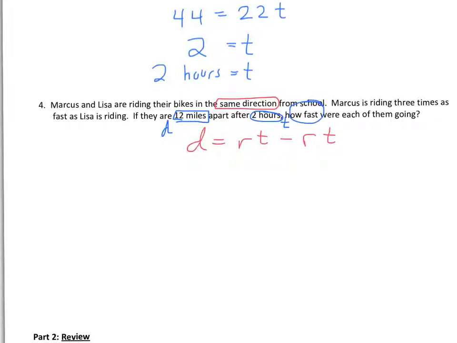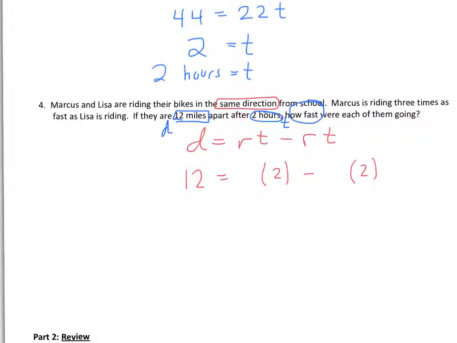Okay? So Marcus is riding 3 times as fast as Lisa is riding. So one of their rates is going to be 3 times the other rate. So when I write down all my information from the formula, 12 miles is the distance. The time is going to be 2 for both of them.